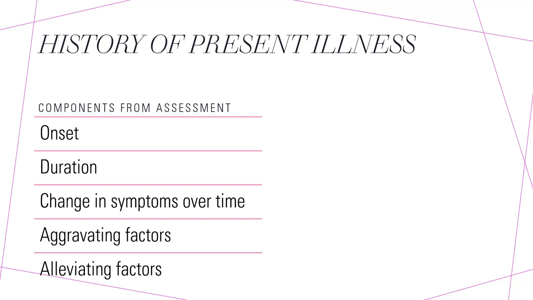Have you noticed any changes? Is there anything that triggers it or makes it worse? Have you done anything to make this better? I mean, is it being with friends, any medications, any meditation, journaling? You want to know all of those components in your HPI. And believe me, insurances want to know if you're assessing for a full HPI.